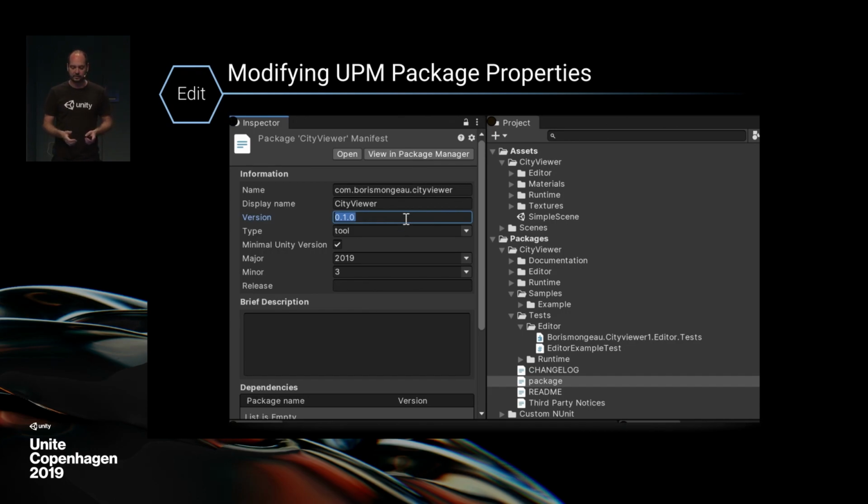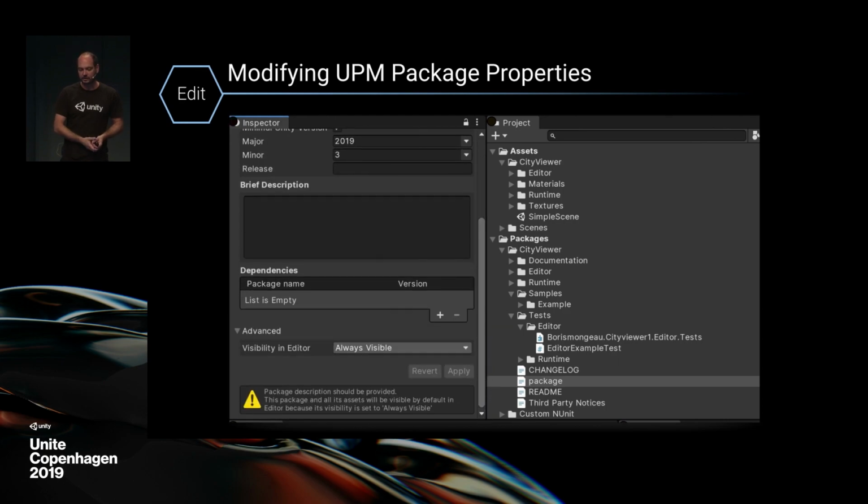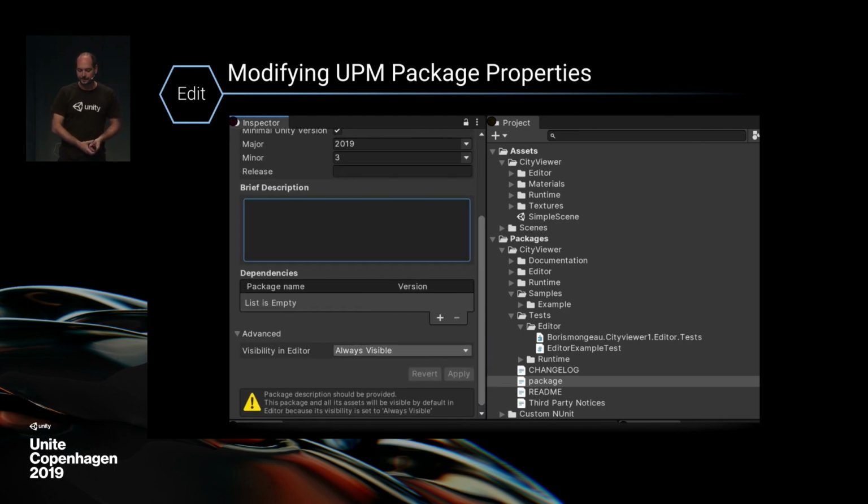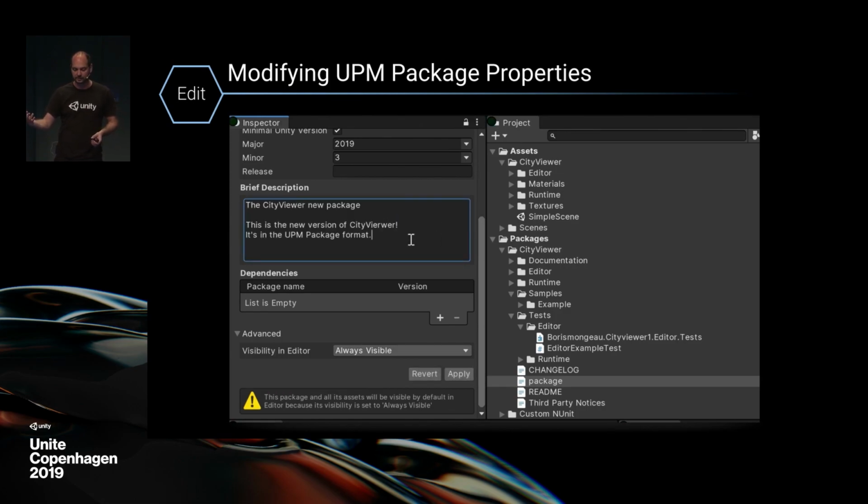Version, by default, we put 0.1 as the first version. Of course, you can change it with time. The type, right now, for my example, it's a tool. Because it's a CityViewer, we consider it's a tool. And you can specify the minimum Unity version and even go further to the release. So if it just worked for 1F1, for example, in 19.3, you can just go specify it there. And the description that you put here is going to be available for the users that use your package. It's going to be in the detail of the package.